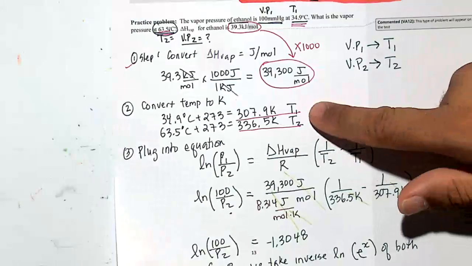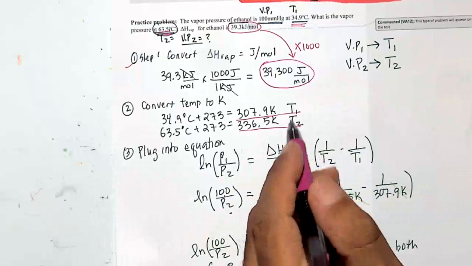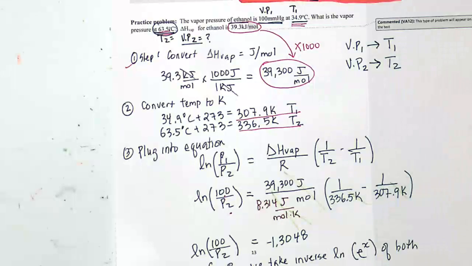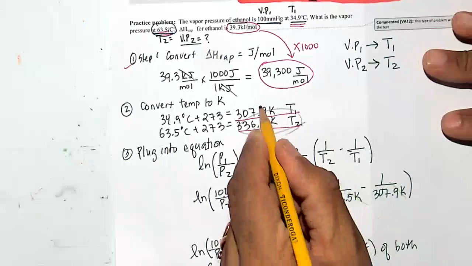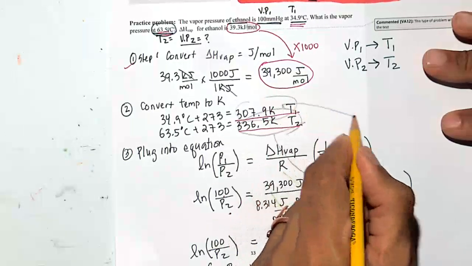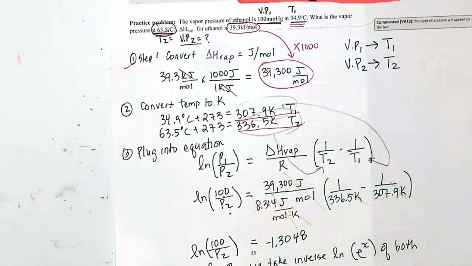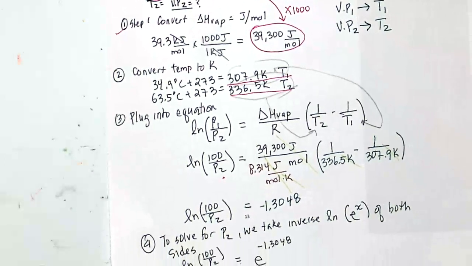We'll put it here. 1 over T2 minus 1 over T1. So we plug everything in. T2 goes here. T1 goes here. All right, so do we know how to calculate this and solve for P2 now?